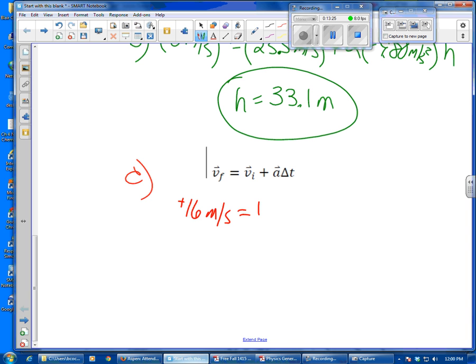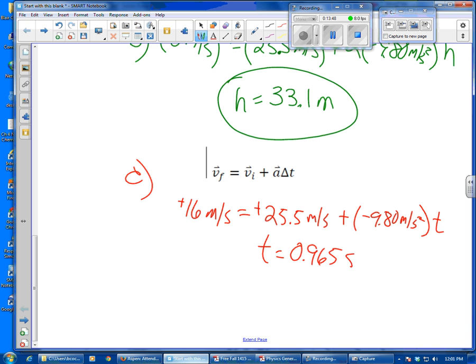It started going positive 25.5 meters per second. It's accelerating at negative 9.80 meters per second squared for some amount of time t. Do the magic math, and I get t is 0.965 seconds. So it takes almost a whole second to get up there.